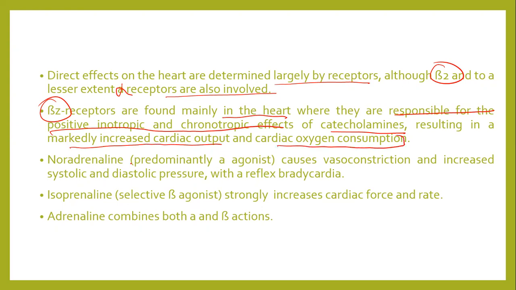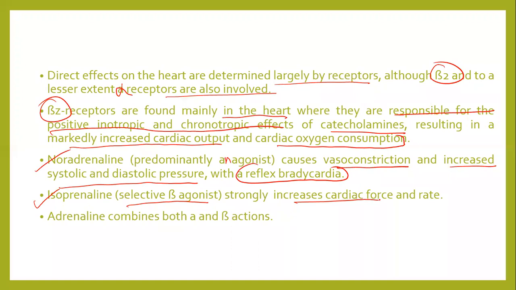Noradrenaline, which is predominantly an alpha agonist, causes vasoconstriction and increased systolic and diastolic pressure with reflex bradycardia. Isoprenaline, which is a selective beta agonist, strongly increases cardiac force and the heart rate.